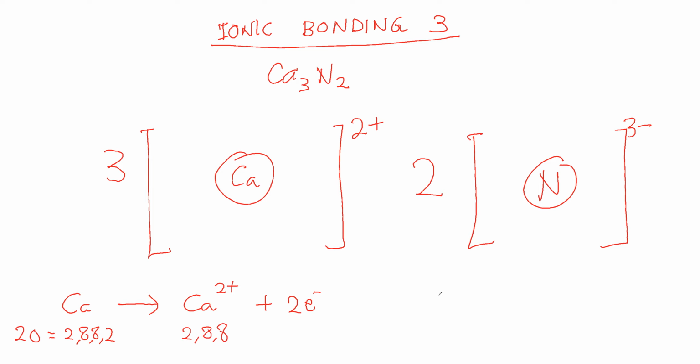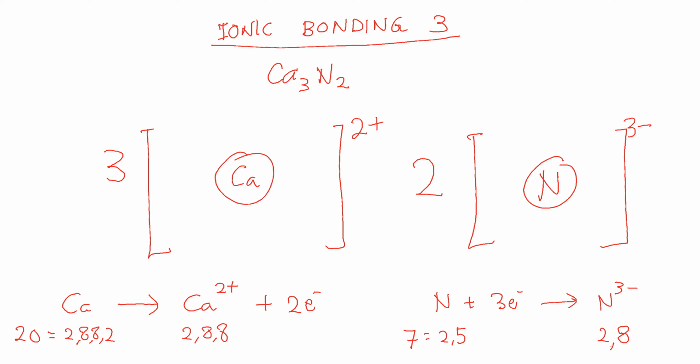Similarly, when the nitrogen received 3 electrons to become a nitride ion, the electronic configuration went from 2,5 to 2,8.